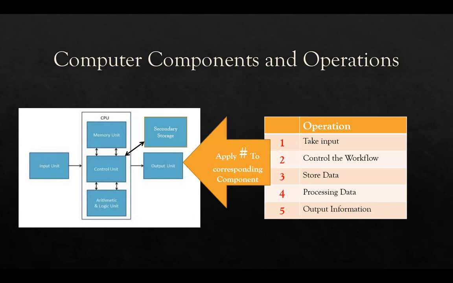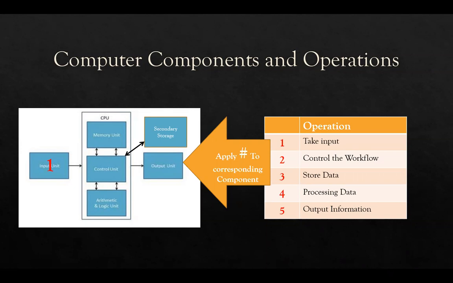Now let's see if we can associate those operations that we initially talked about with the various components I just detailed. So I'm going to demonstrate how this little game works. The operation take input, or number 1 in the right chart, is associated with the component input unit on the left.